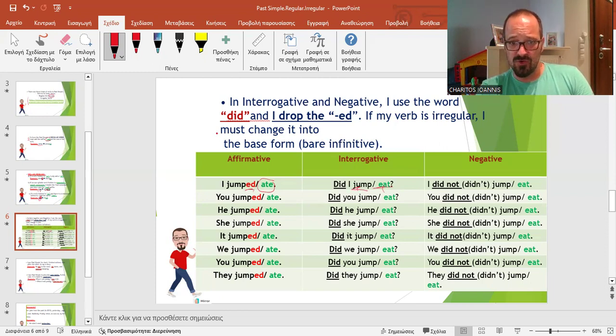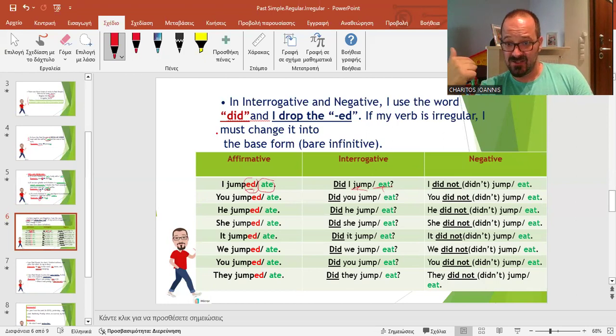So, according to the rule, to make the interrogative, I must use did at the beginning of the question, and then I must drop the ed. This is why here the ed of jumped in the question, did I jump, does not exist. And if my verb is irregular, I must change it into the bare infinitive or the base form.